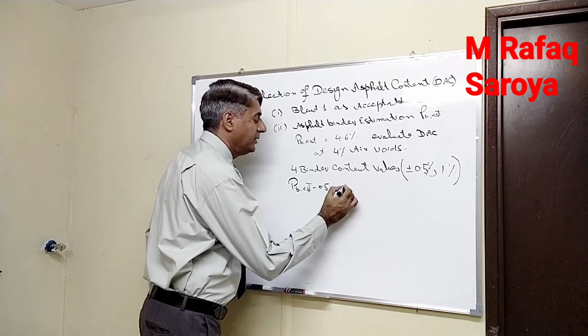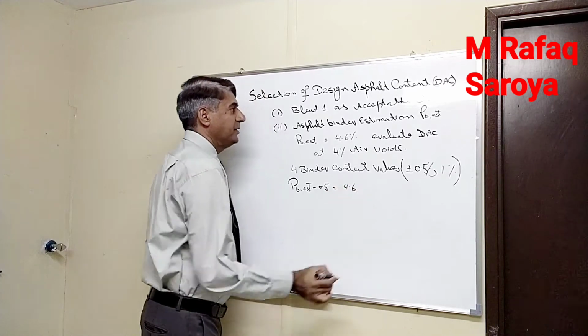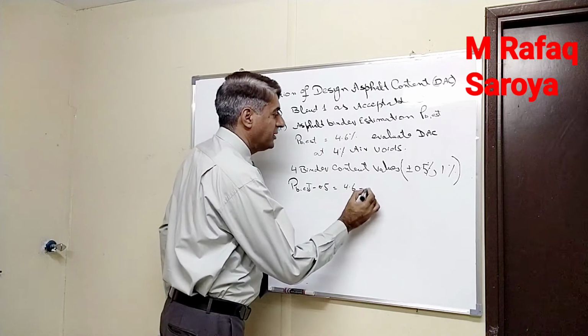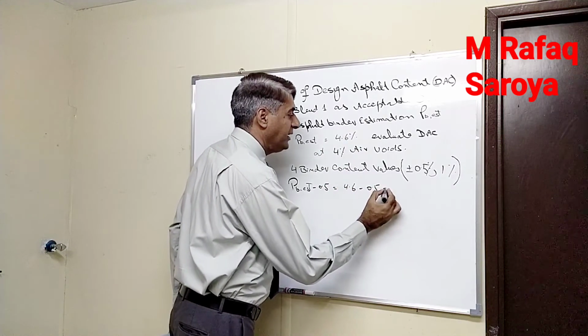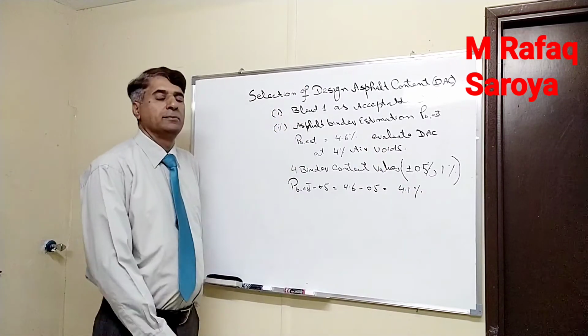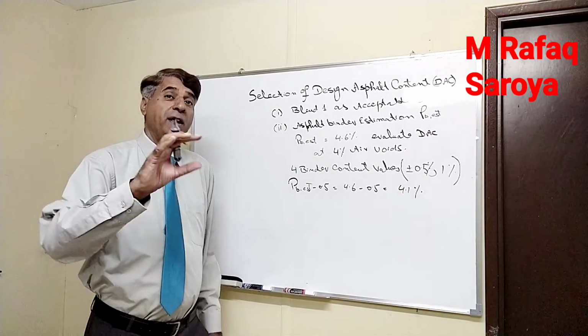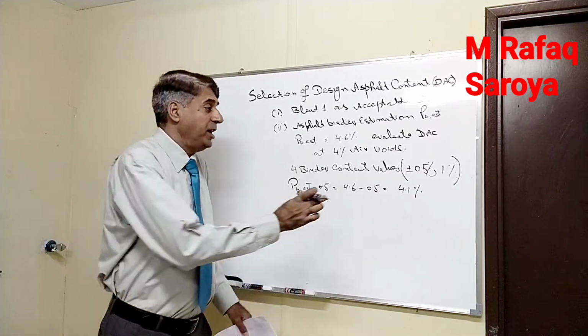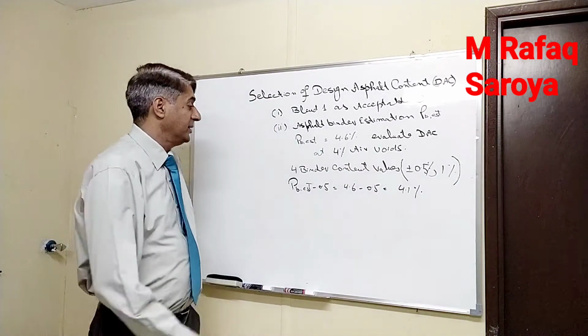It means 4.6, which we have already calculated, minus 0.5, gives us the value 4.1%. It means we will develop the mix design by using 4.1% binder.